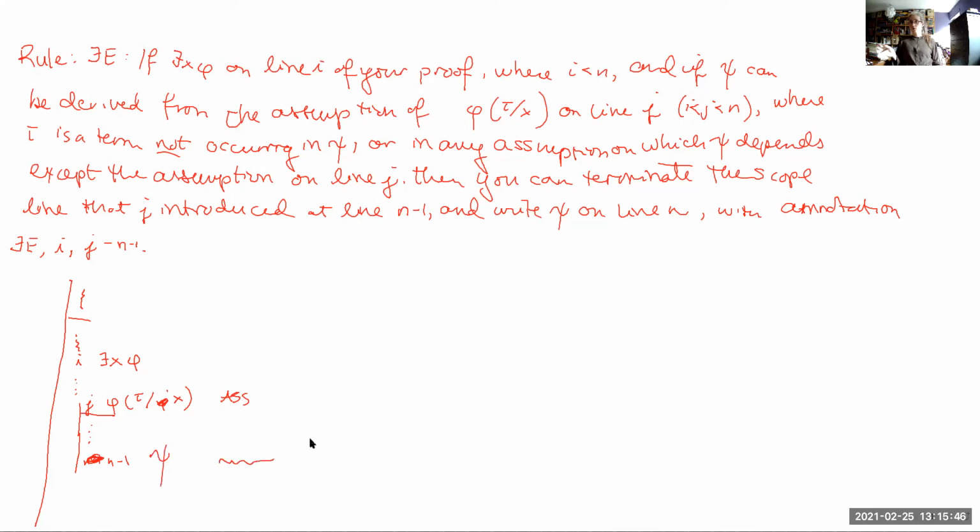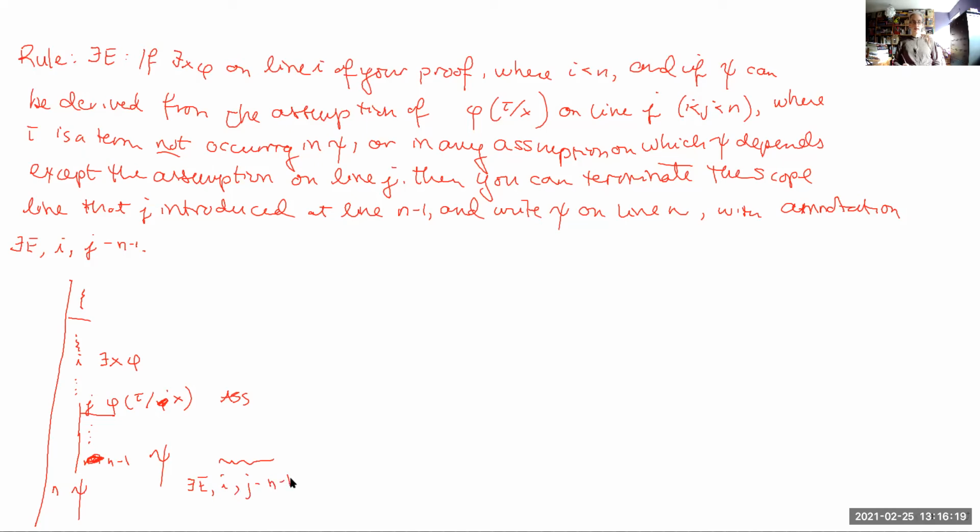Now, I don't know how. This is left open. It's not prescribed by this rule, but we'll apply some other rules so that we get some annotation here. But then I need to check, does tau only occur in j, not occur in psi, and not occur in any assumption earlier in the proof? If so, then at line n, I can write down psi, and we have existential elimination, line i, and lines j to n-1.